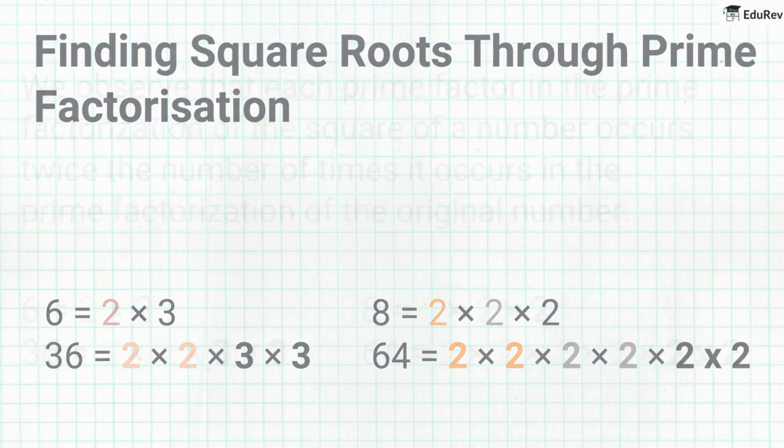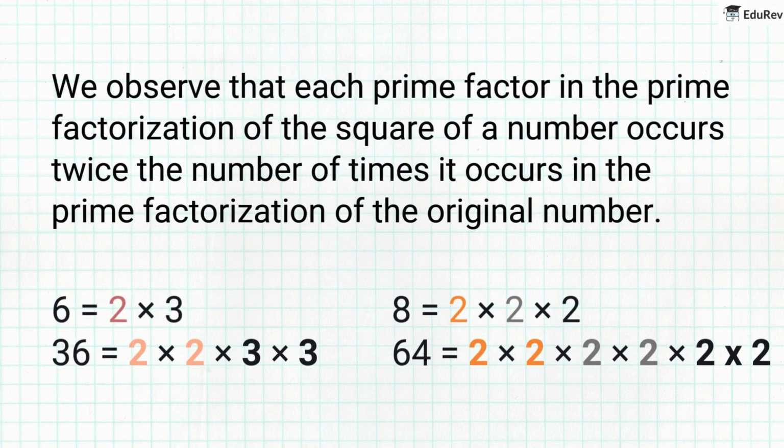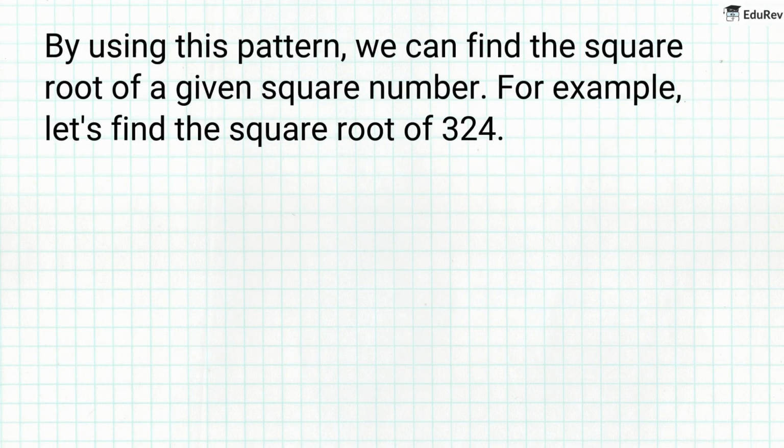We observe that each prime factor in the prime factorization of the square of a number occurs twice the number of times it occurs in the prime factorization of the original number. Using this pattern, we can find the square root of a given square number. For example, let's find the square root of 324.